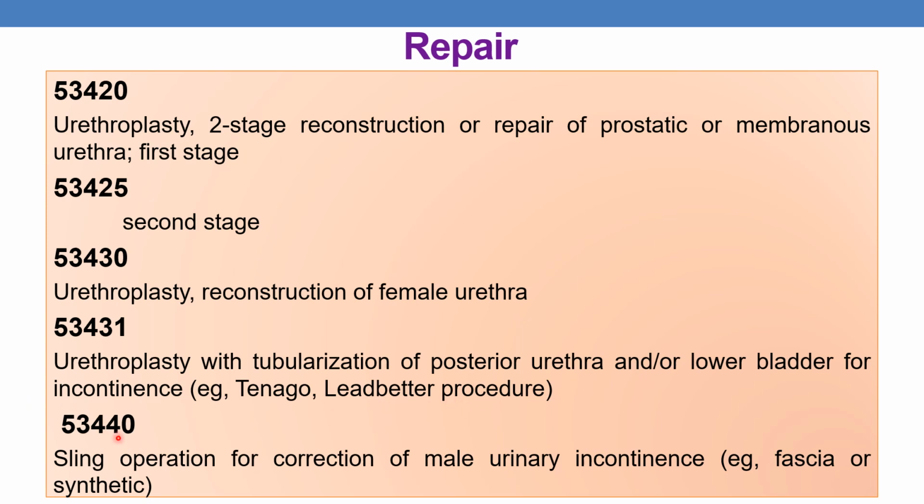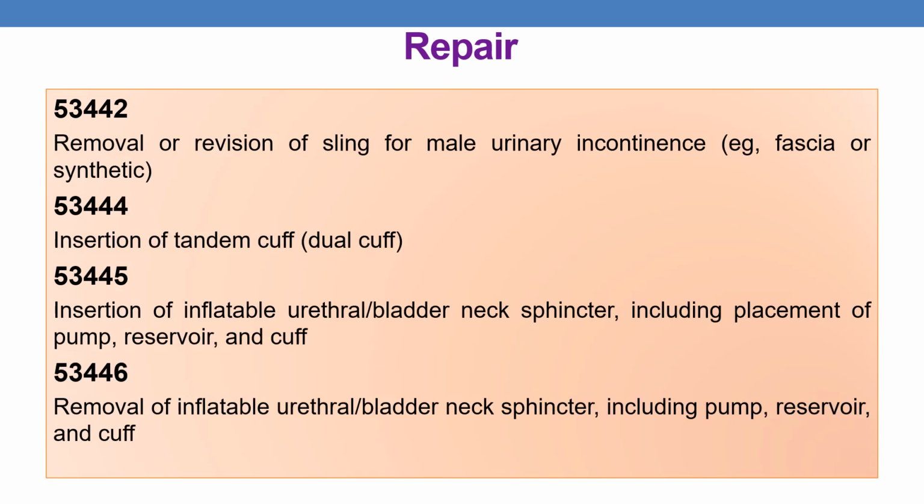The next is 53440, sling operation for correction of male urinary incontinence, for example fascia or synthetic. The next is 53442, removal or revision of sling for male urinary incontinence. The next is 53444, insertion of tandem cuff, dual cuff.